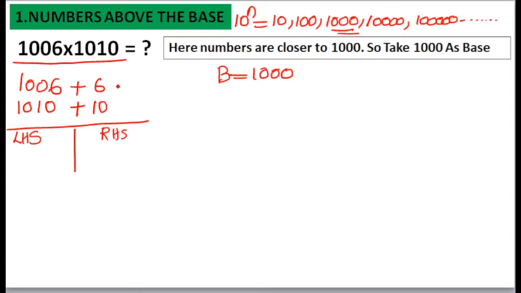Now your RHS will be 6 into 10. That is 60.